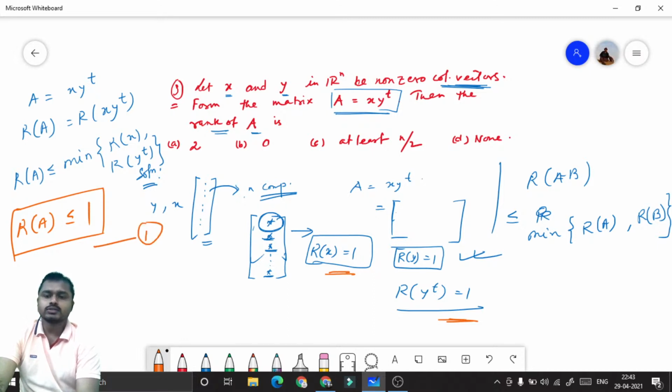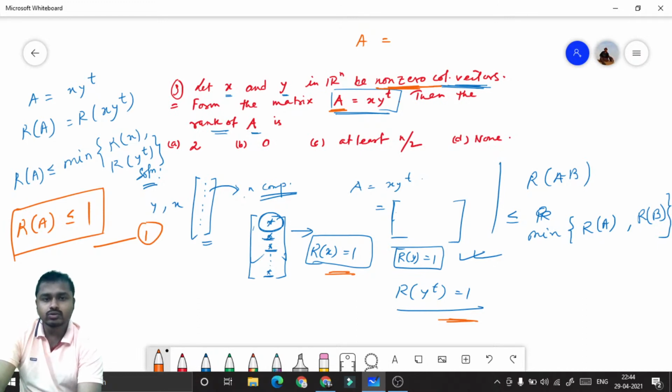Okay, so this is one relation you have. And also read the statement again. It says that x and y are non-zero column vectors. So your A matrix will have at least one non-zero row.